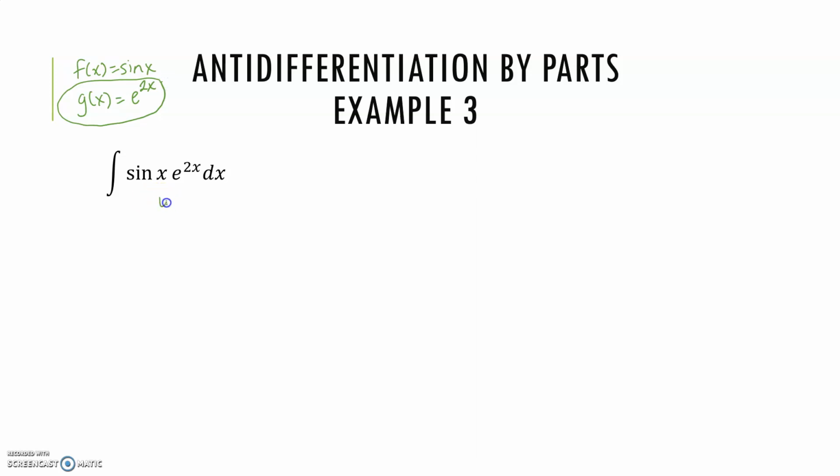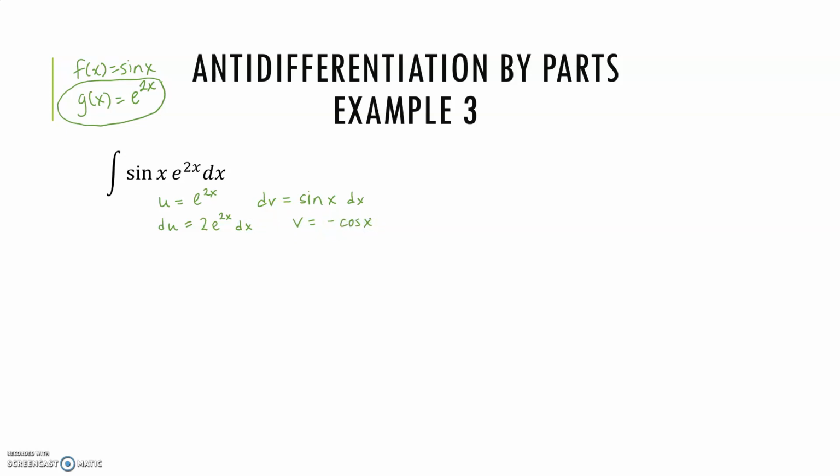So I say u is equal to e to the 2x. That means dv is everything else. And I'm going to take a derivative of this. I'm going to get e to the 2x, and then remembering the chain rule, 2 e to the 2x. And I'm going to take an antiderivative of this, so that would be negative cosine of x.